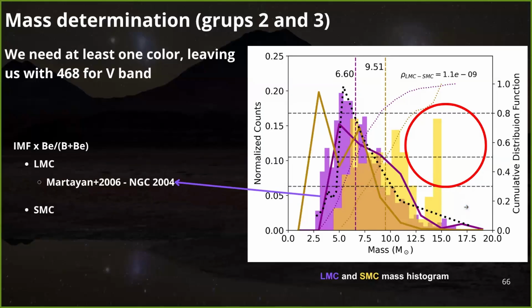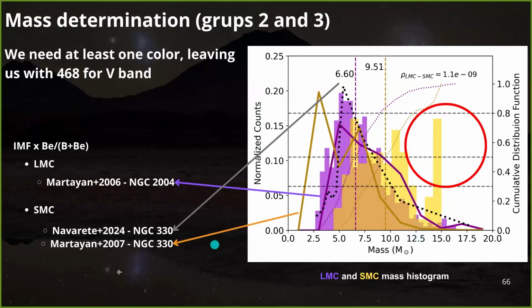But what is clear, for the SMC, the agreement is not so good if we compare with Navarrete's results or Navarrete's B star fraction. We expected to have a peak here around 6 stellar masses, and our sample has an excess of massive stars, which is clear from this peak and also from our entire sample.